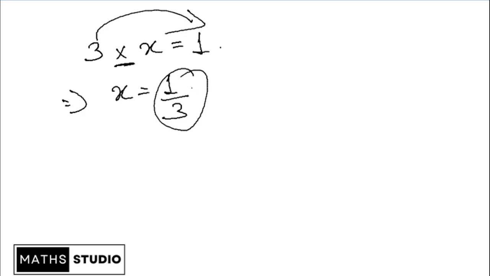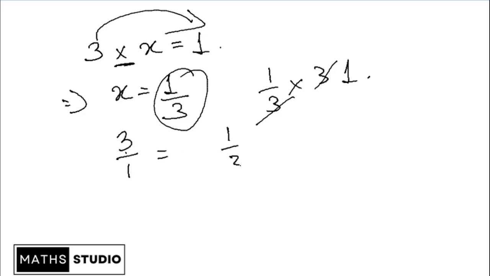So if you multiply 1/3 into 3, the overall result will be 1. So the rule for multiplicative inverse is whatever is the number, you just change the numerator and denominator. In this case it was 3, that is 3 by 1, so that becomes 1 by 3. Just reverse the numerator and denominator.